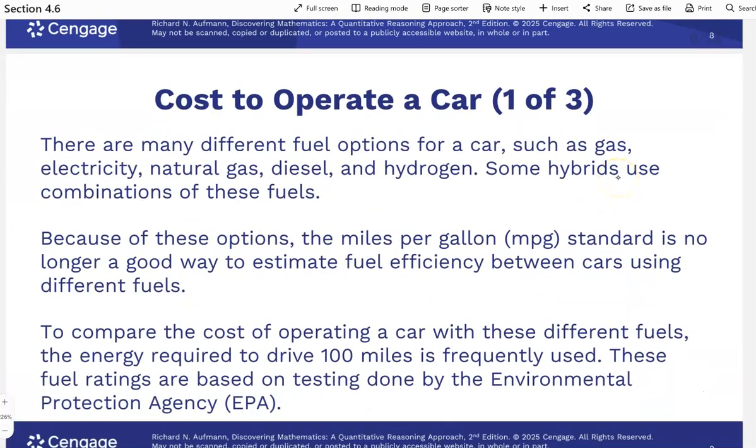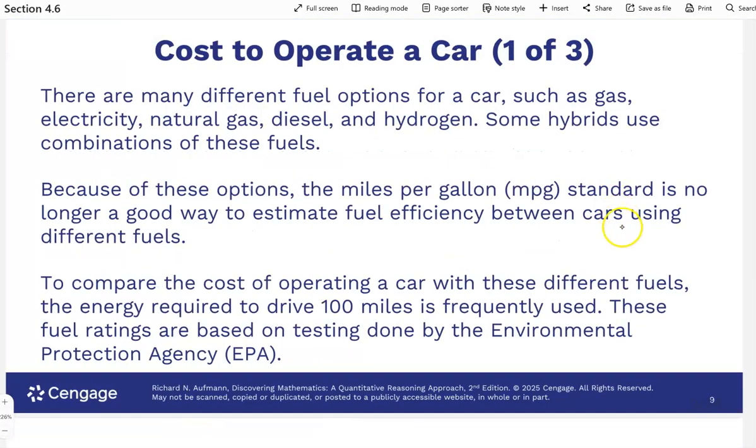So there's a lot of different options. We have gas cars, we have electric cars, we have hybrid cars. So miles per gallon is what I think a lot of cars use still nowadays, but that's starting to change. So that might not necessarily be the best way to compare two cars, especially if you're looking at a hybrid or an electric versus a gas car.